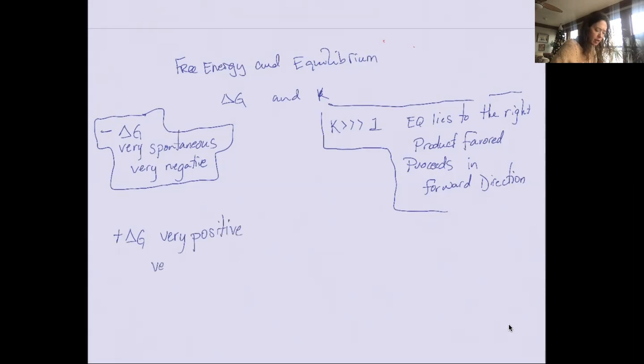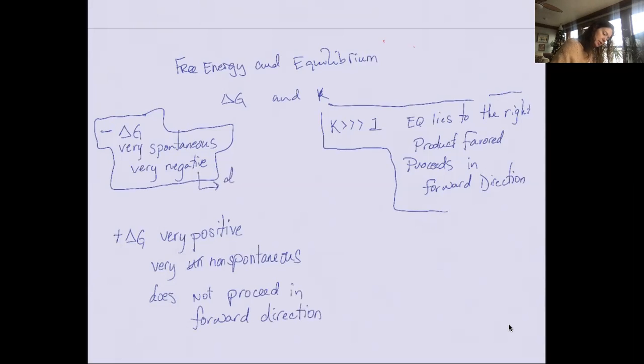It means it's very non-spontaneous, right? That means equilibrium would lie to the left. It does not proceed in the forward direction. So we can relate being spontaneous to the equilibrium position. It does proceed in the forward direction if we have the negative delta G. Okay, and that should make sense.